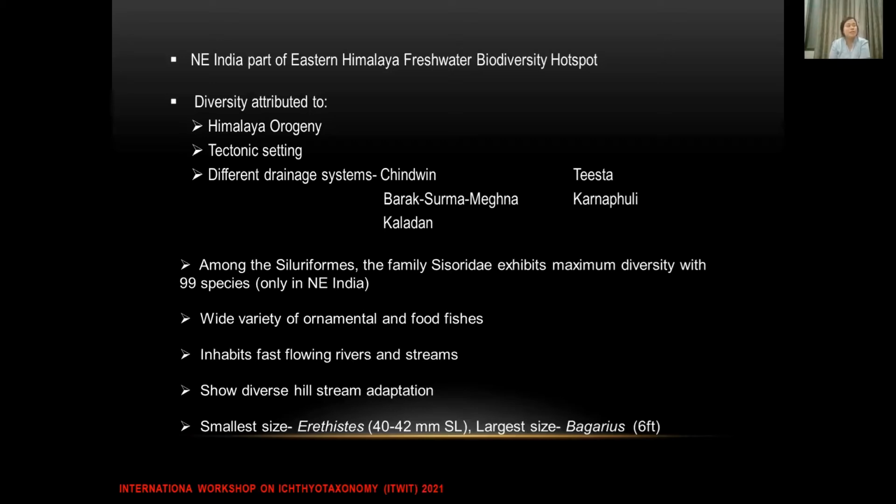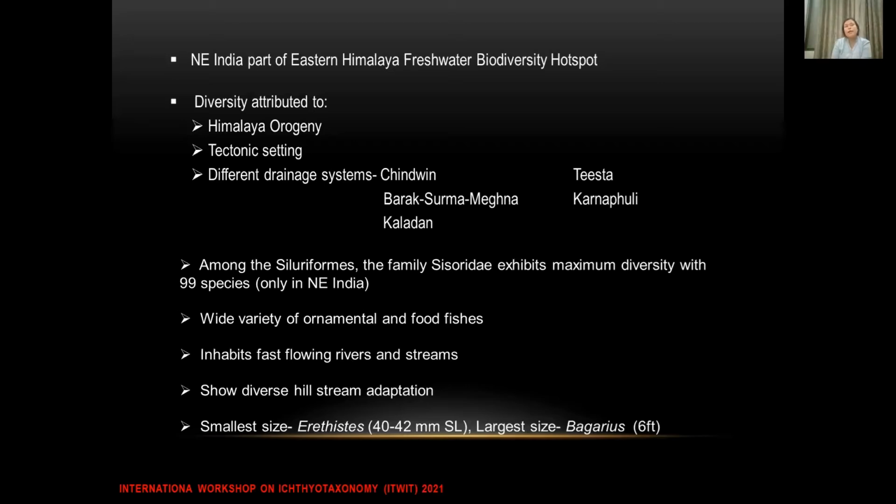This diversity may be attributed to many factors, which include the Himalayan orogeny, the tectonic setting, and the presence of different drainages, which include the Dihing, the Barak-Surma-Meghna, the Kaladan, and then the Tista and Karnaphuli, which are separate basins.